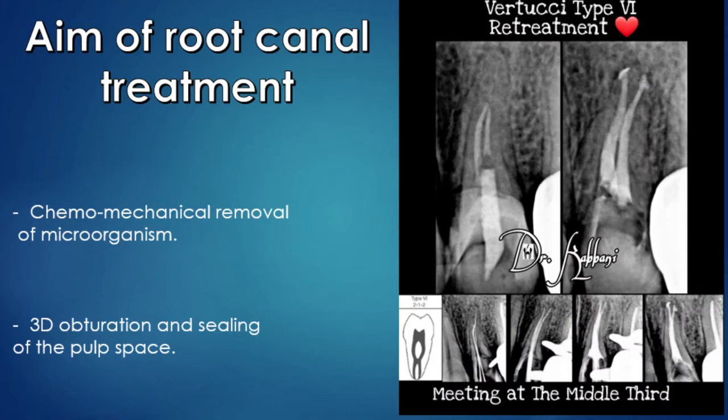On the x-ray on the right side, we can see how the root canal system can be very complex. In this case, it's a retreatment case. We can see how the two canals join at the middle third to form a single canal, and then they divide again to exit the root canal system into different portals of exit.